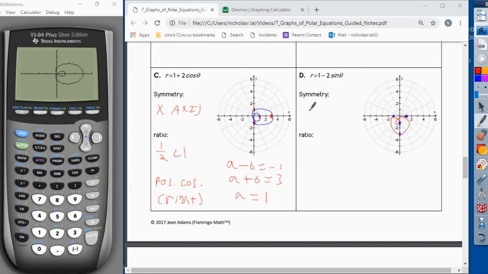Symmetry, y-axis, ratio of a to b, 1 over 2, negative sign, which means move down. A minus b is 3.